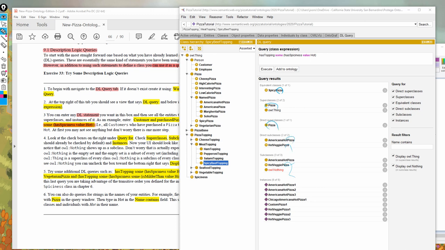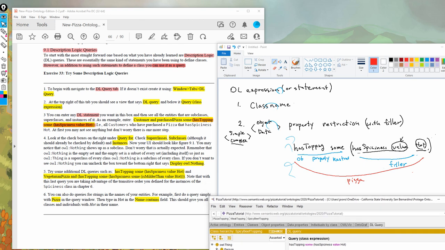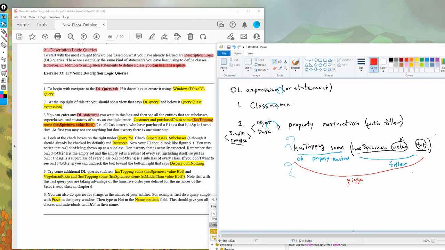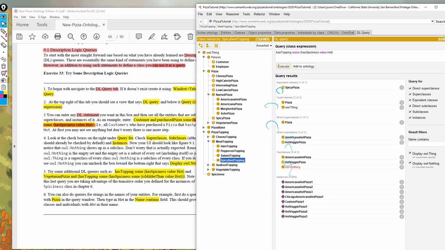A lot of pizza, because that's something we expect. We are talking about the pizza class right now, so obviously you expect to see a lot of pizza.